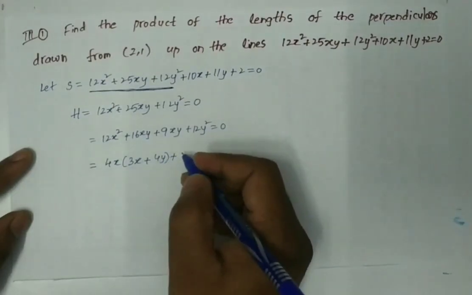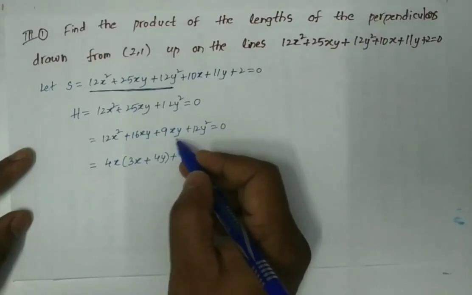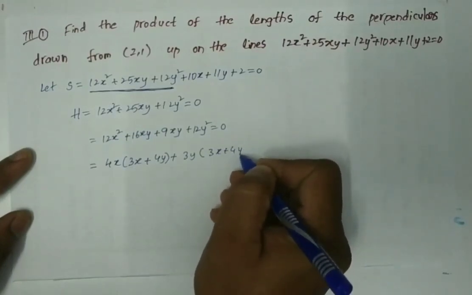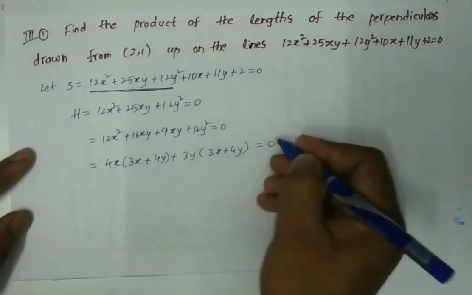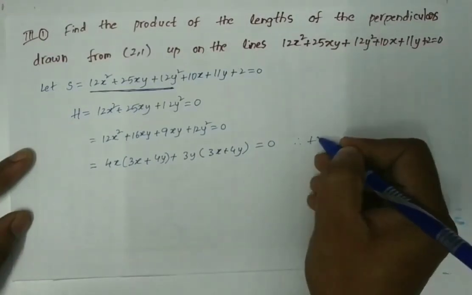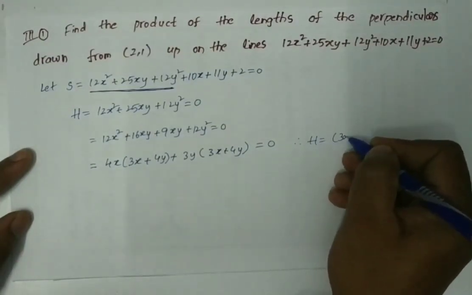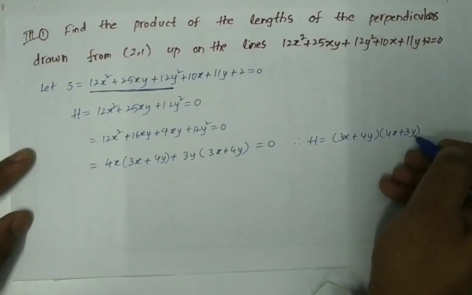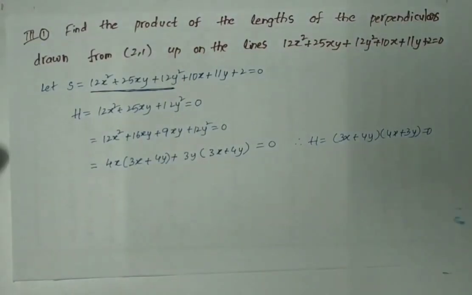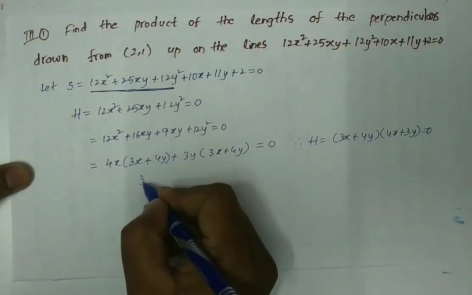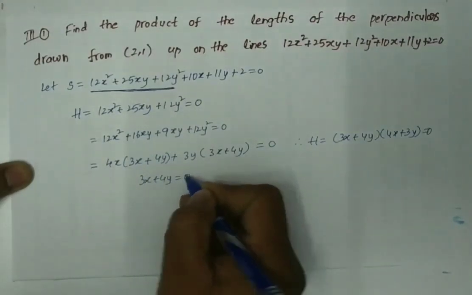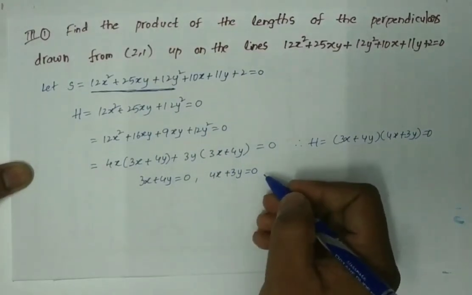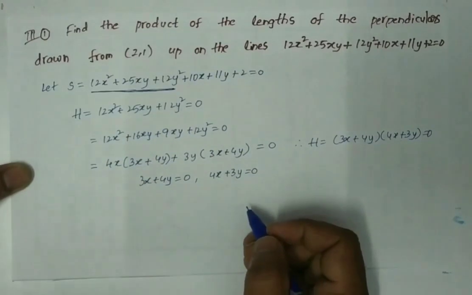Next, let us take 3y as a common factor from the third term and fourth term, so here we get 3y of 3x plus 4y. So this is equal to 0. Therefore H is equal to 3x plus 4y into 4x plus 3y is equal to 0. Therefore 3x plus 4y is equal to 0 and 4x plus 3y is equal to 0 are the lines represented by the equation H is equal to 0.